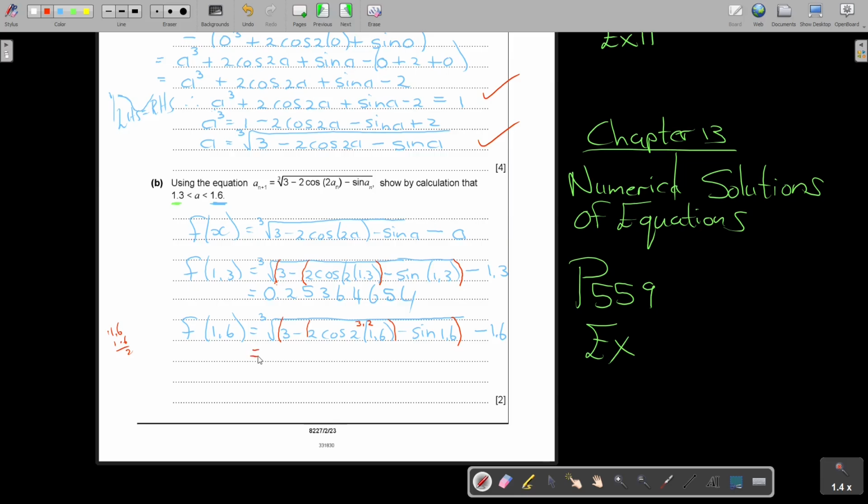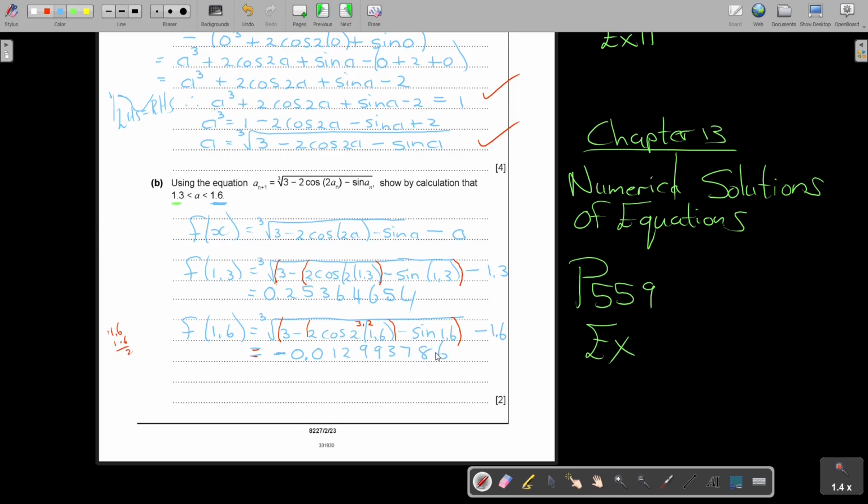negative, that's the important part, 0.0129938786.